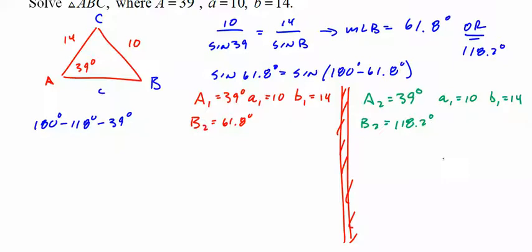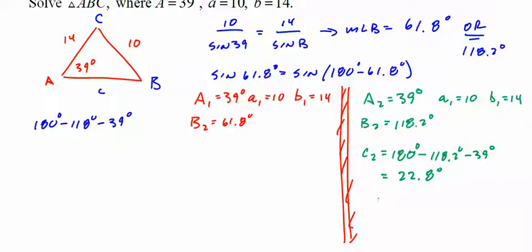I got my pen in green, so I'm going to do this side. Let's find C2. 180 minus 118.2 degrees minus 39 degrees equals 22.8 degrees. Some people like to draw a second triangle. It's not a bad idea.